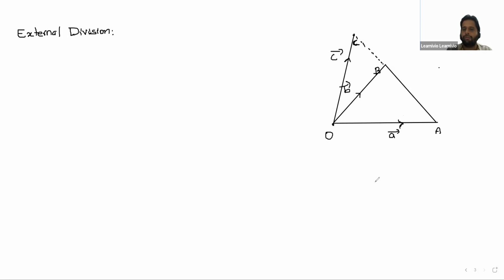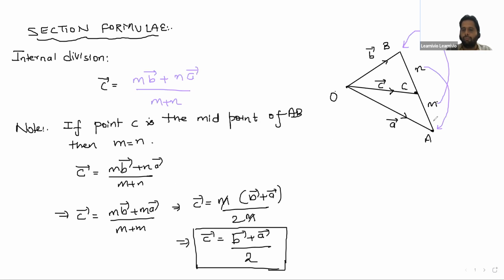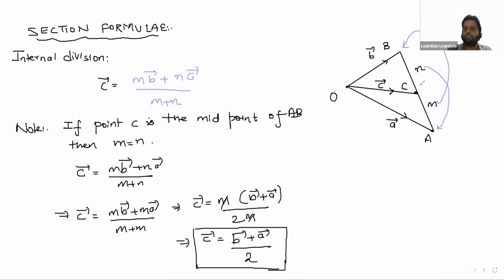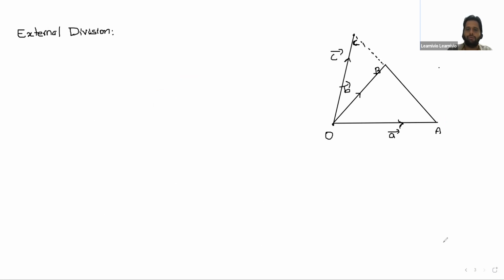Now if we compare this with the previous one, AC is to BC is M by N. So here also we will say that AC by BC is equal to M by N. What I'm taking here is not its distance.